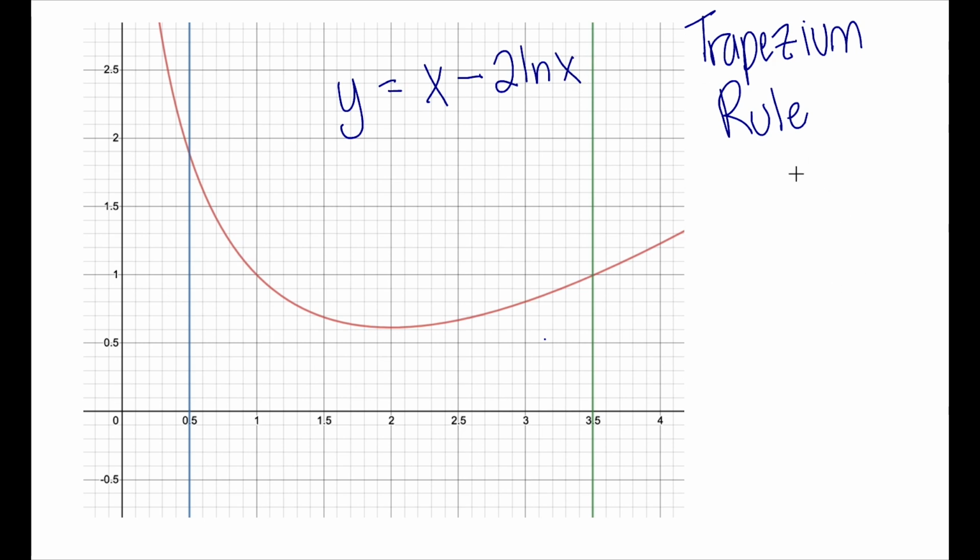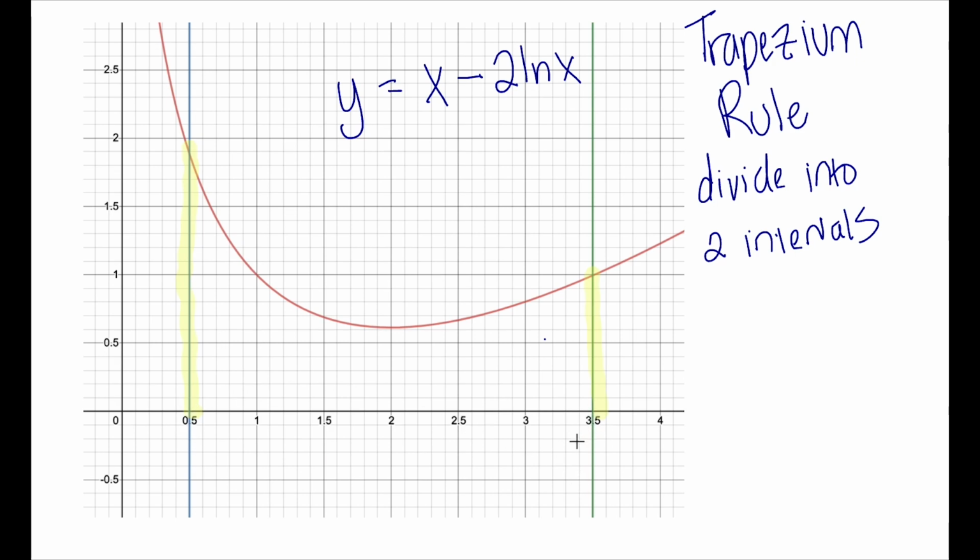They're going to tell you how many intervals you need to break it up into. So here it starts at 0.5 and it ends at 3.5, and they want us to divide it into two intervals. Well, this just means we find the point that's halfway between 0.5 and 3.5.